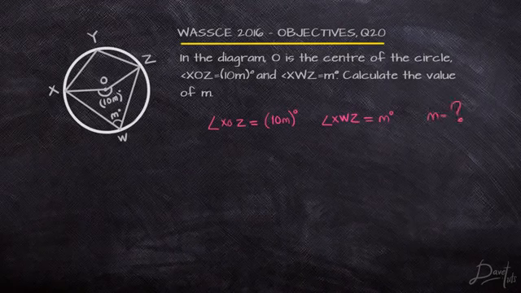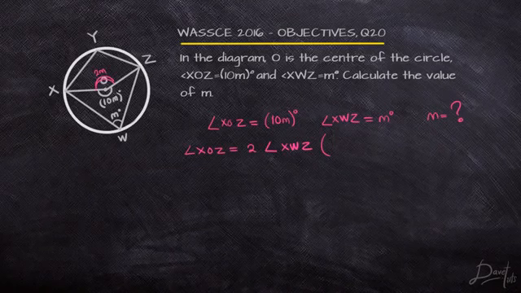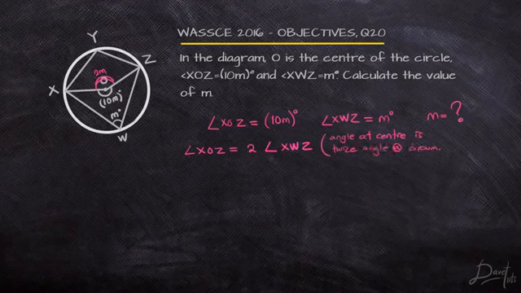Now, applying our principles of circle geometry, we know that the angle that is subtended at the center of the circle is twice the angle that is subtended at the circumference, and that means that our angle XOZ is going to be twice angle XWZ, and that is going to give us 2M. And now, having that simple understanding has helped us seriously to forge ahead in the solution of this particular question.